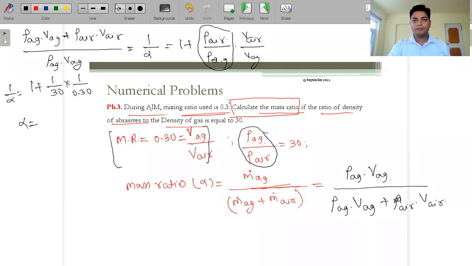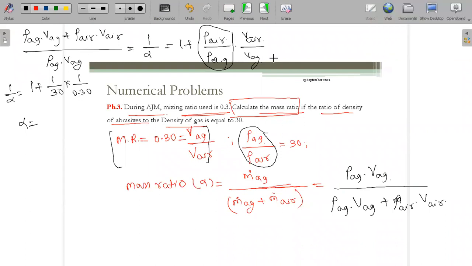Now can you tell me the value of alpha, guys, from here? Come on, calculate and tell me. It's around 4.3333. The value of alpha, Aman?